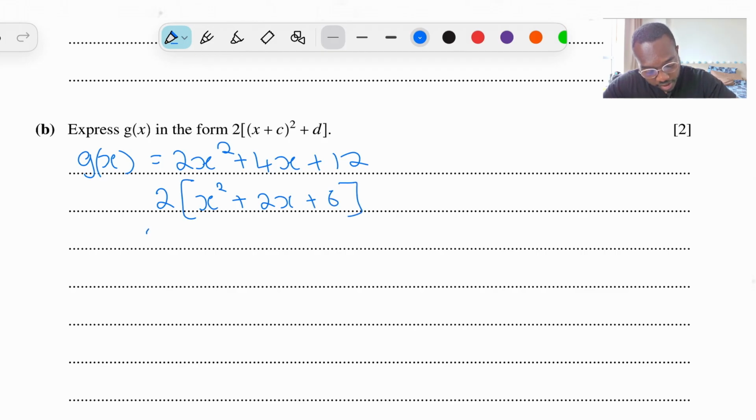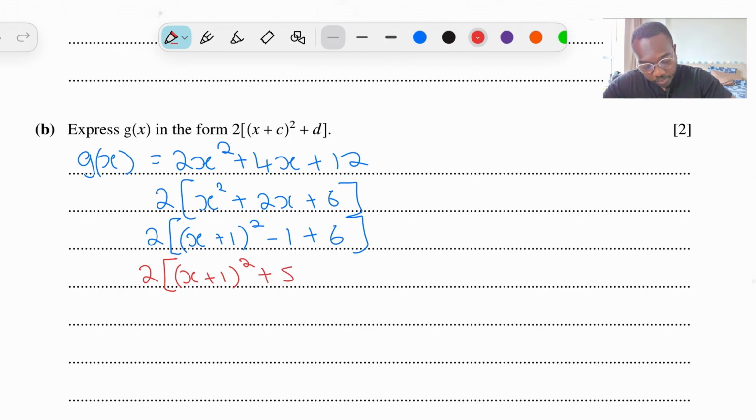Now if we complete the square, we get x plus 1 squared, minus 1, minus 6, and therefore our answer would just be 2, and then in brackets x plus 1 squared minus 7, and that would be our answer for B.